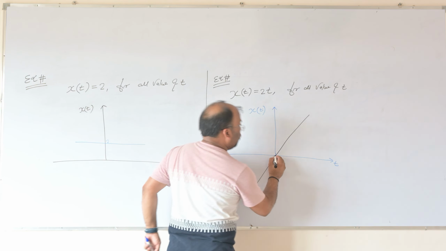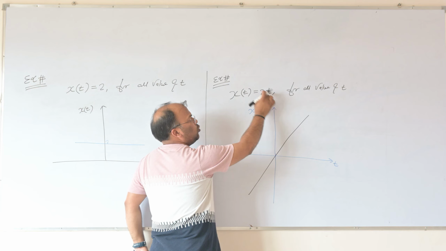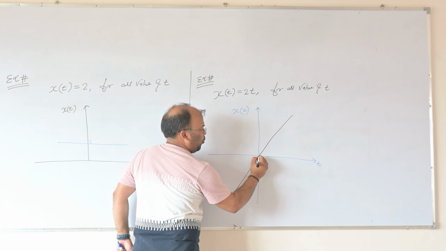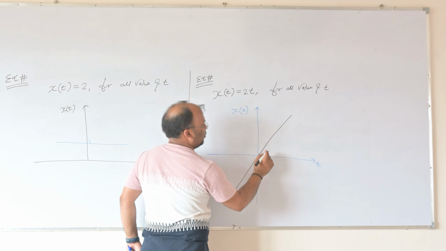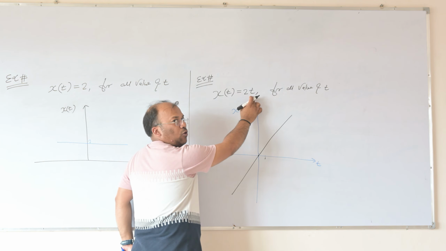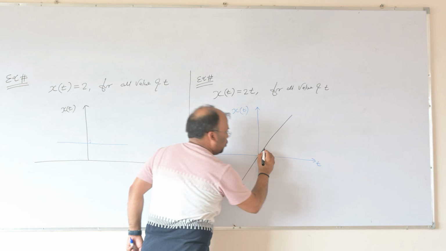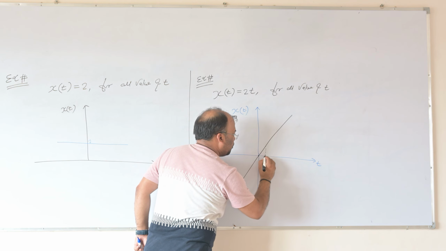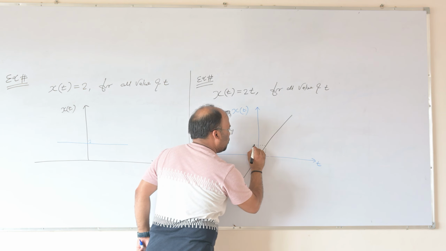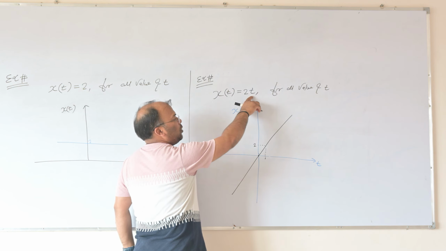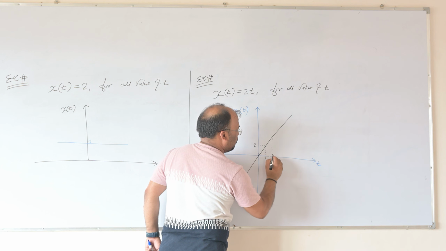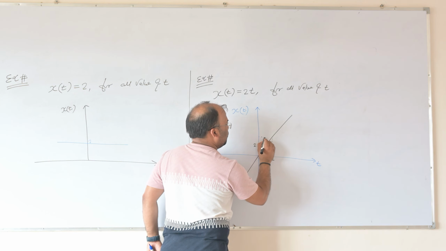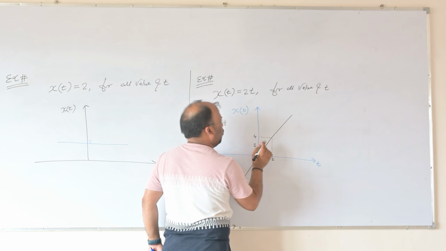At the value of 0, once you put t equal to 0, the output is 0. At the point of 1, once you put t equal to 1, the outcome is 2. Once you put t equal to 2, the output is 4, and so on.